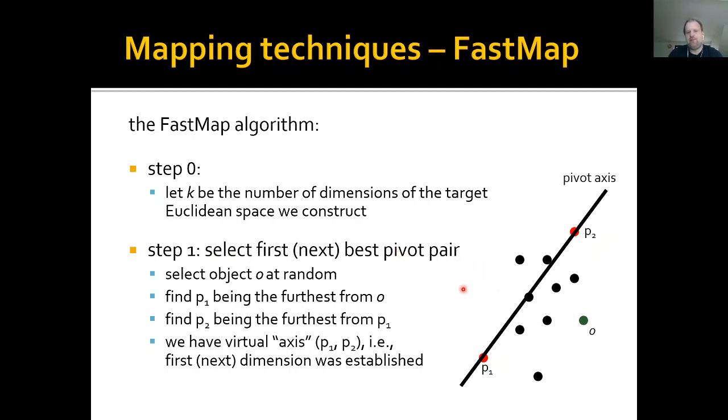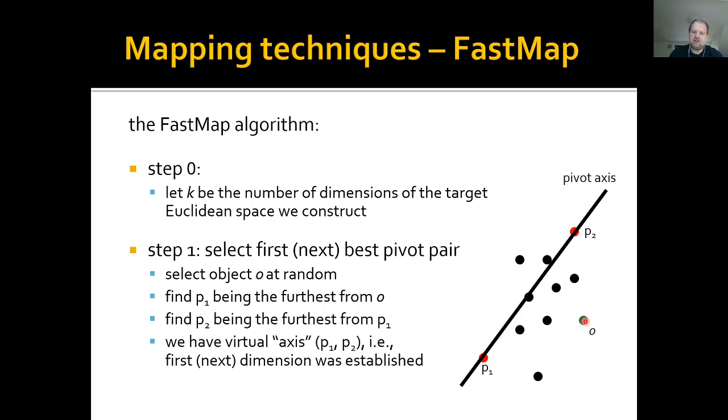and the pair will be constituting something like axis of a coordinate system. So we will create a coordinate system for the vector space, and we need to do it somehow. So we do it by selecting some object at random, completely random object O, this one.